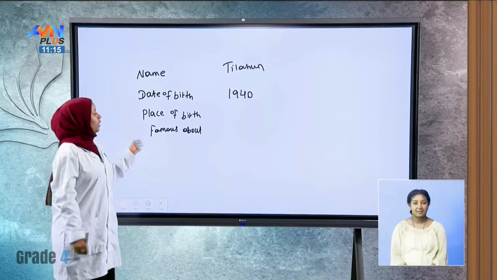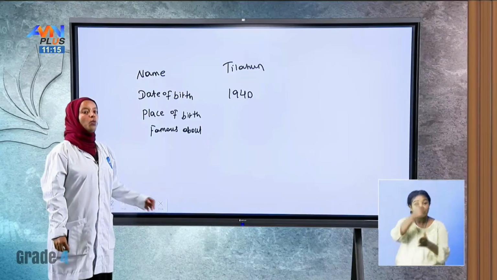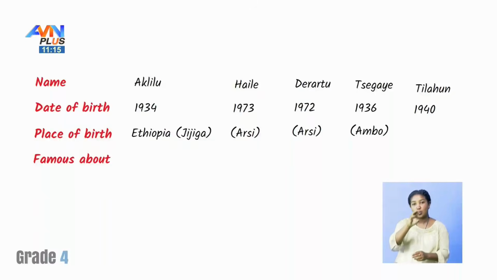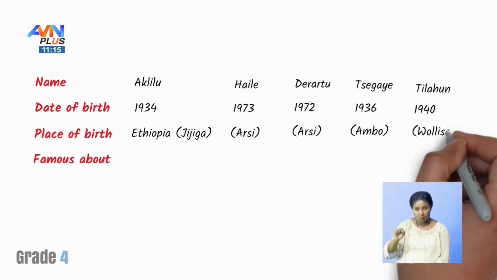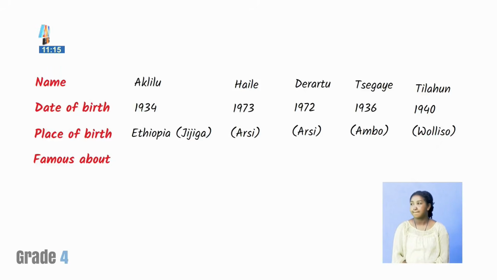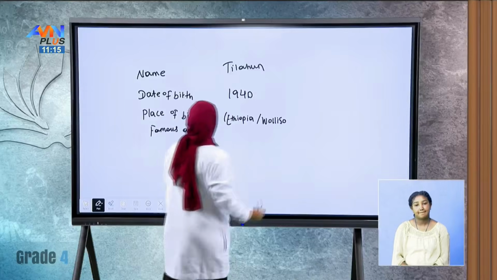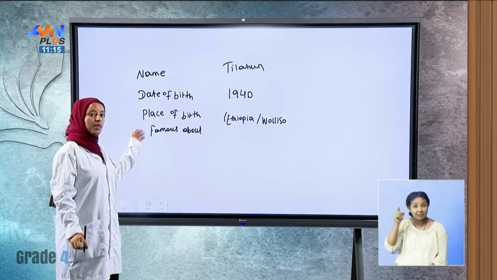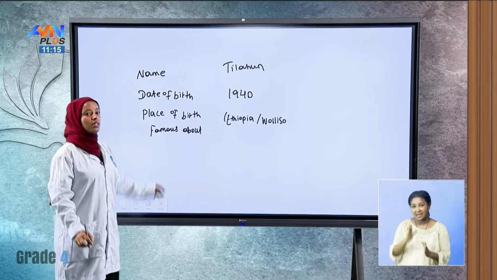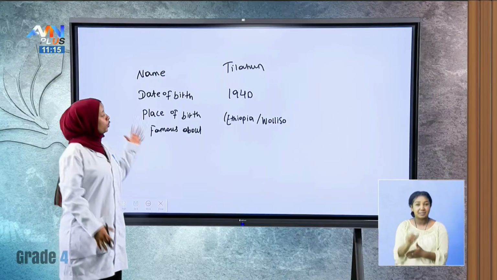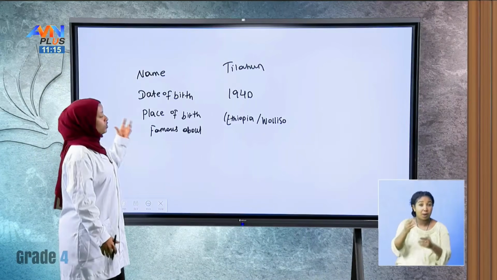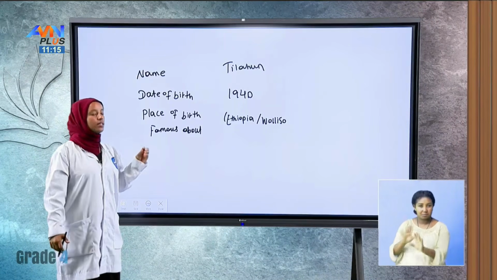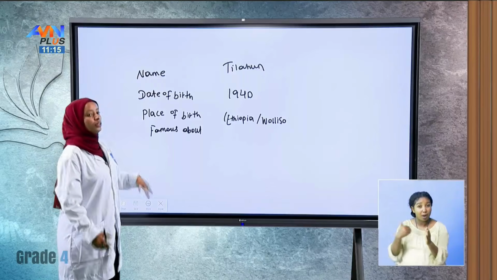And also, place of birth, Ethiopia, Waliso. He is a famous singer. Students, this is some Ethiopians. We have many famous Ethiopian people, but we just choose some of them, and this is all about their information.